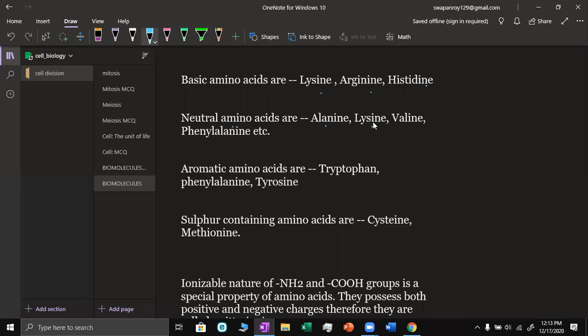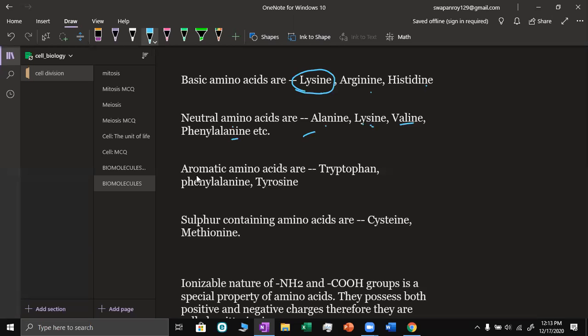Neutral: alanine, lysine. Sorry, lysine is not neutral. Valine, phenylalanine, these are the neutral amino acids.